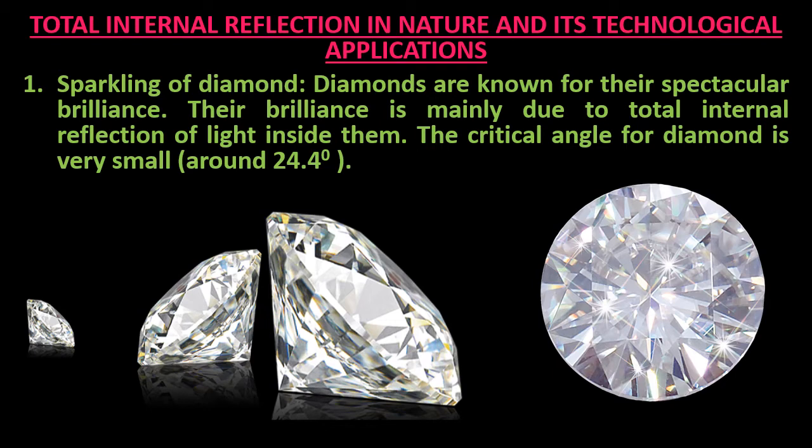That light finds it very hard to come out of the diamond. As the light is trapped inside, the diamond sparkles. Because of this total internal reflection of light inside the diamond, it will sparkle.